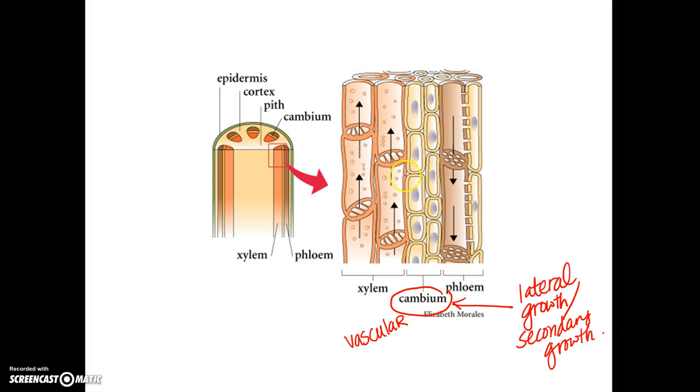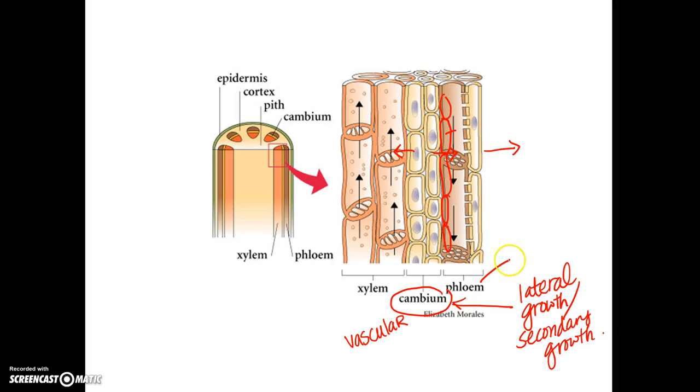And the new cells are going to grow this way to make xylem. Any cells on this side are going to make phloem. So if this were to divide in two, this new cell would become more phloem, and we would create basically another layer here. Okay, and this would grow outwards. All right, so cambium is kind of like a germline cell. So all the cells are going to germinate from this layer here.